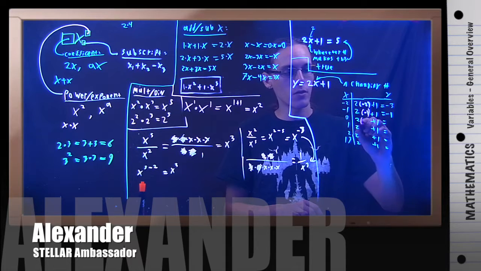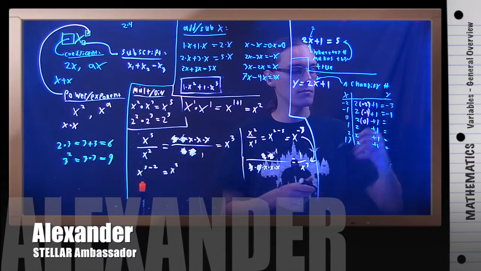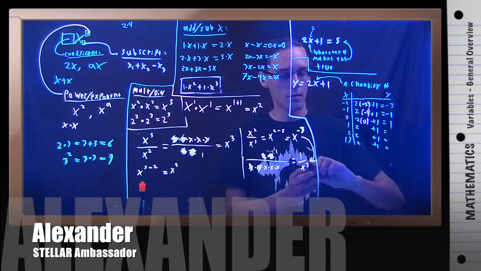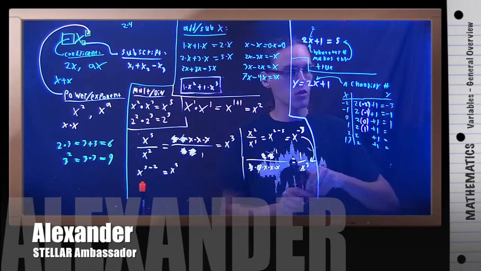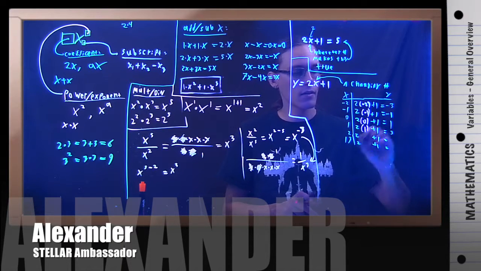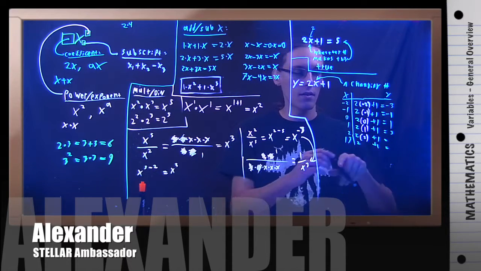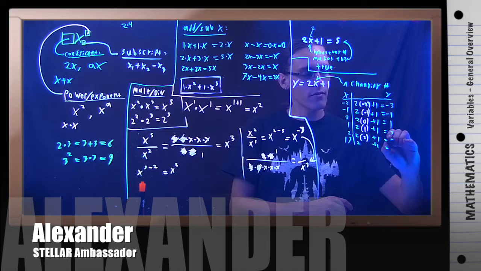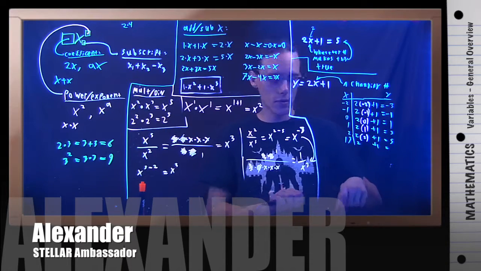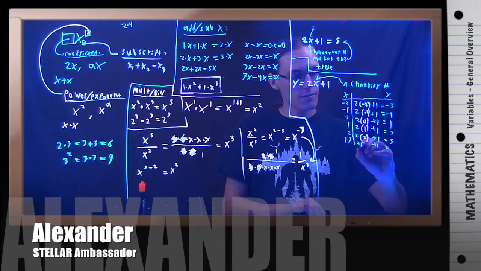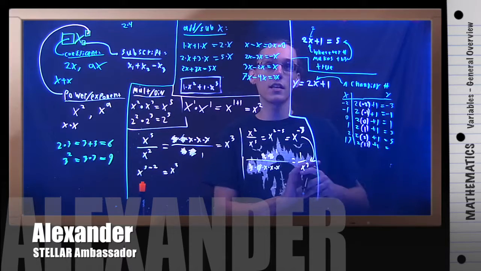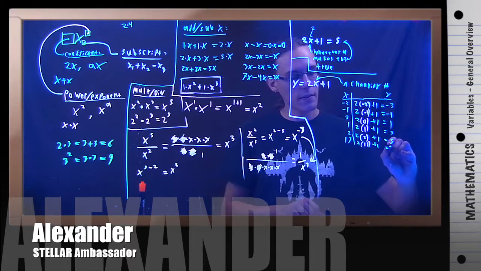Here I'd have 2 times 0, which is 0, plus 1 would be 1. 2 times 1 is 2 plus 1, which would be 3. 2 times 2 is 4, plus 1, which would be 5. And then I picked some silly number, 13. 2 times 13 is 26, plus 1 is 27.